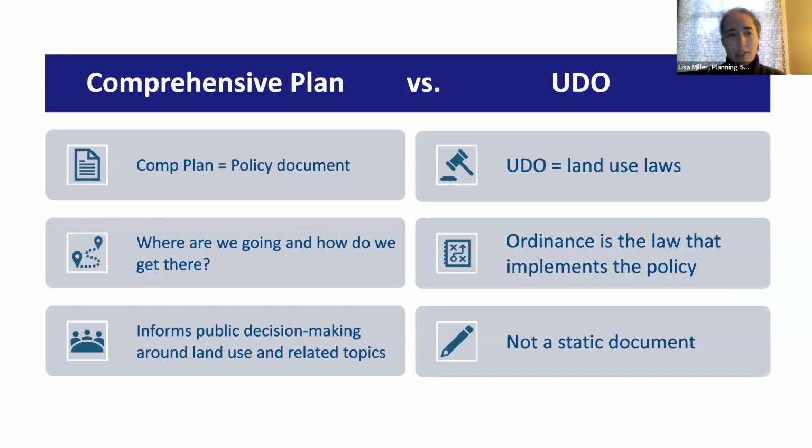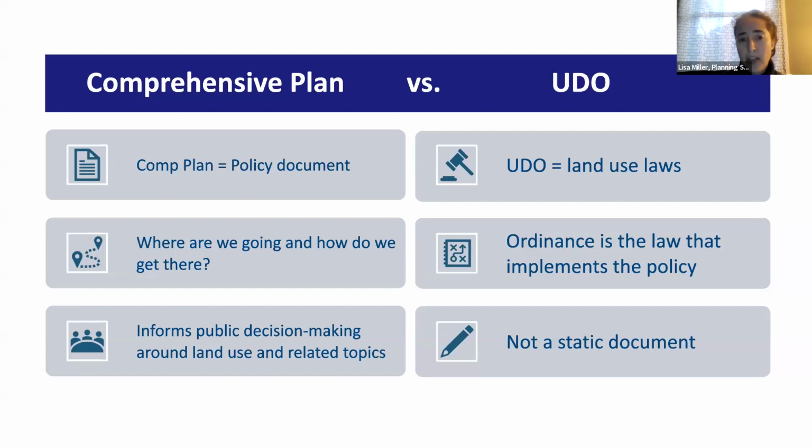So we wanted to share a little bit more, big picture, what the differences are between the comprehensive plan and the UDO. The comp plan is a policy document helping us understand where we're going and how we get there. And it's used to inform public decision-making around land use and other related topics, particularly by folks like our city council and county commissioners.